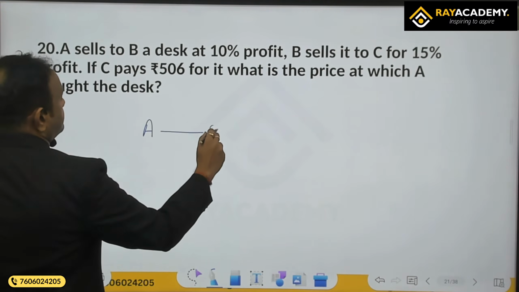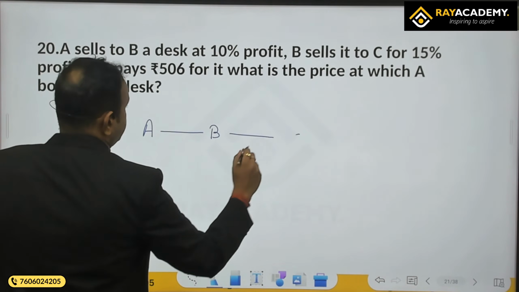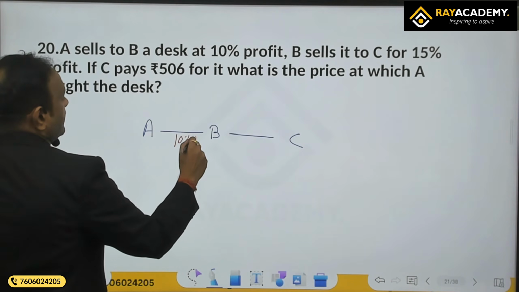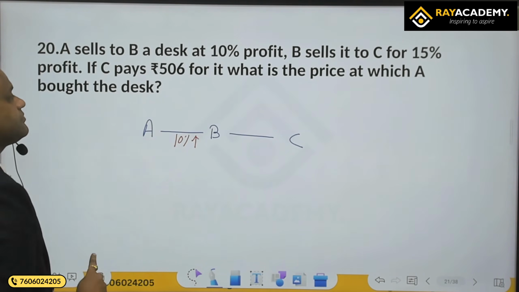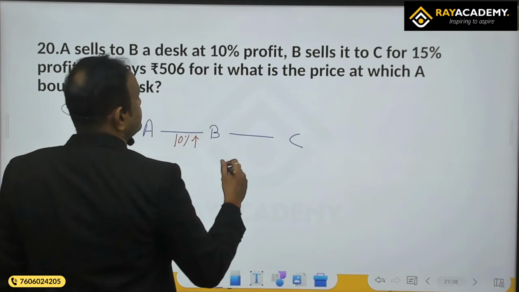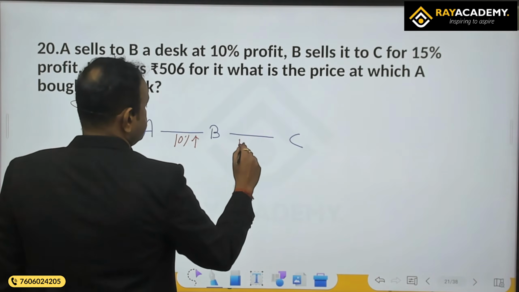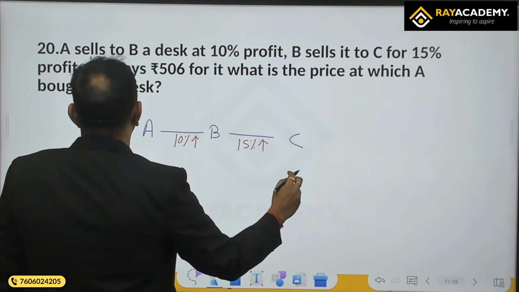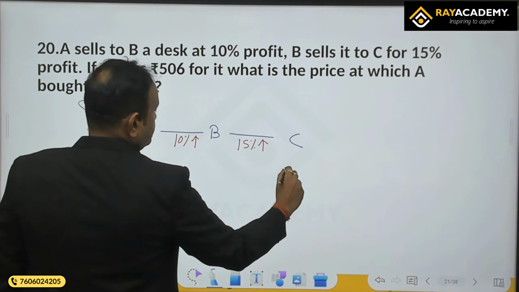A, B, C. A to B is 10% profit, so I put an arrow mark with plus above it. B to C is 15% profit, but C exactly pays 506 rupees.